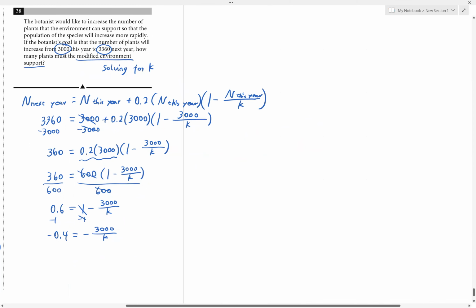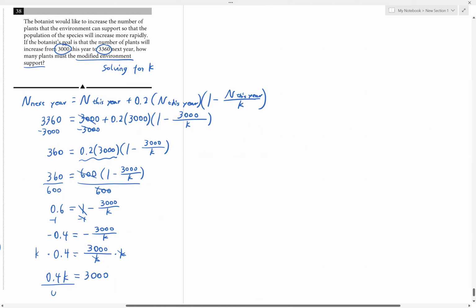Since they're both negative, we can just multiply by negative 1 on both sides to get rid of the negative, to get 0.4 equals 3,000 over K. And again, multiply by K on both sides, that will help us cancel out the denominator. So we get 0.4K equal to 3,000.